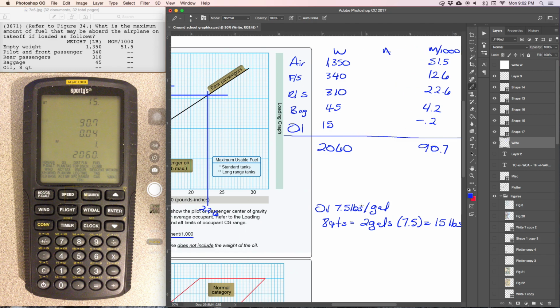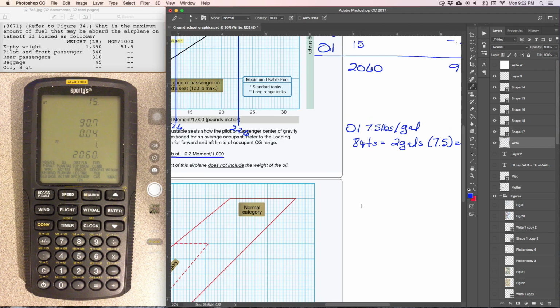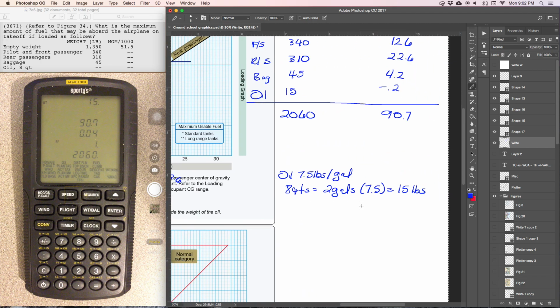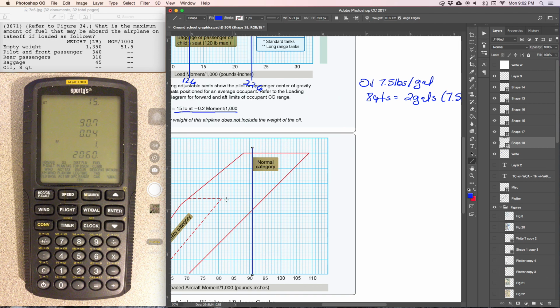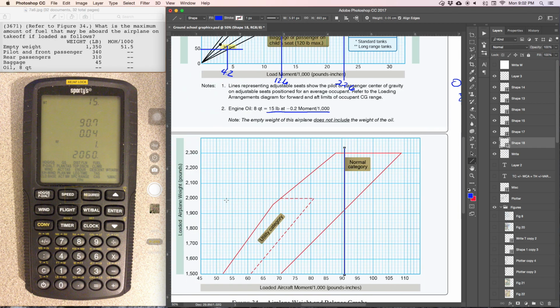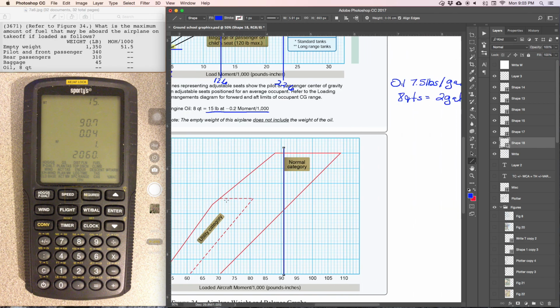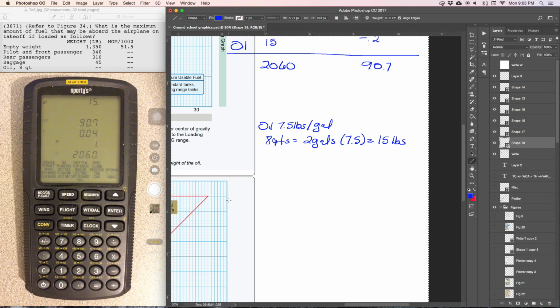So just to see where we're at on the chart, for a moment of 90.7, I'm going to draw a line up. It's going to be about in line here, and the max gross looks like it's about 2,300.